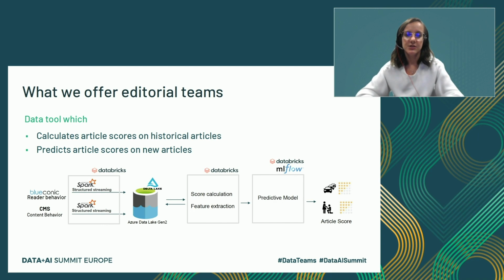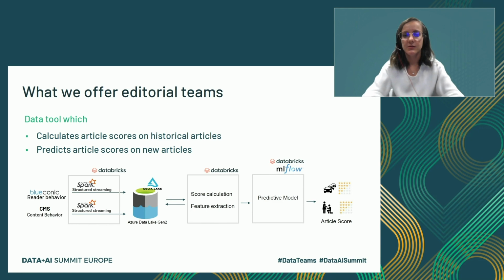Once the data is ingested, cleaned, and transformed in the gold zone, we launch a new data pipeline, again in Databricks, which first calculates the scores for engagement, traffic, and conversion, and then finally calculates the overall quality score of an article.